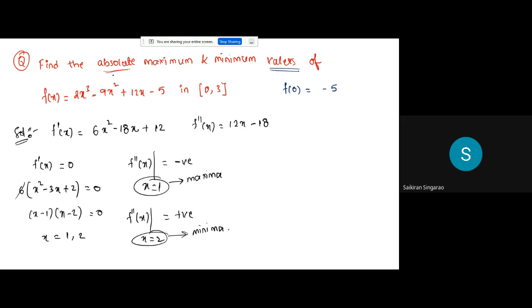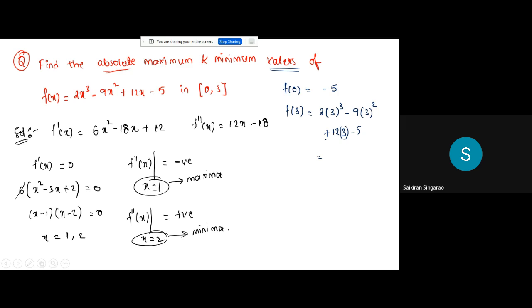What would be f of 3? If you find f of 3, someone has to use the help of a calculator. 2 into 3 cube minus 9 into 3 square plus 12 into 3 minus 5.